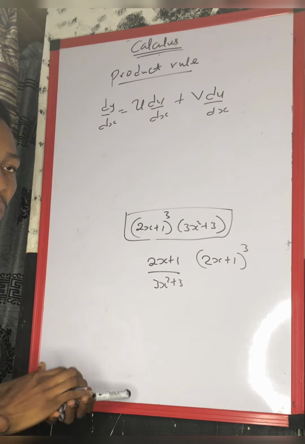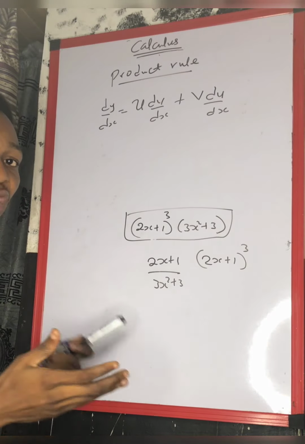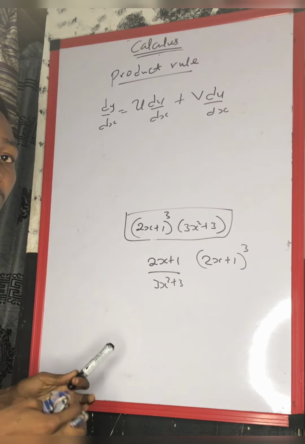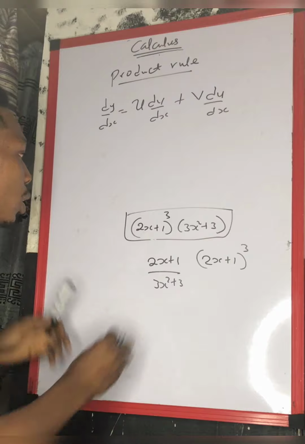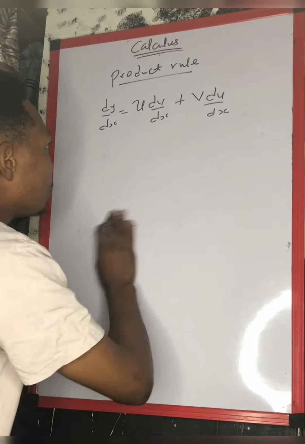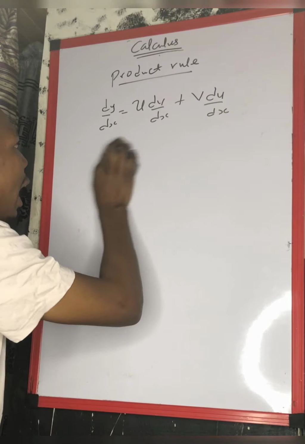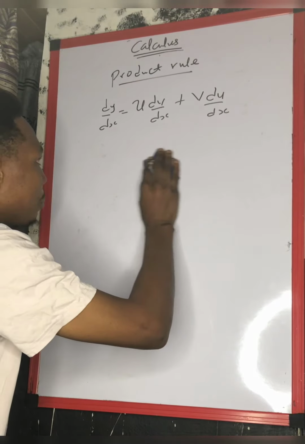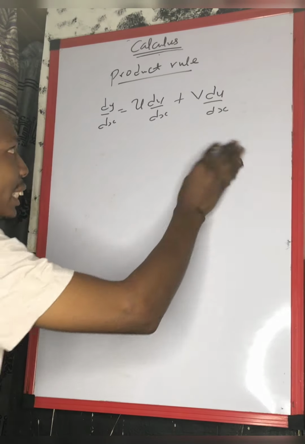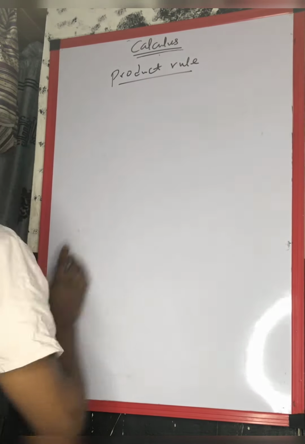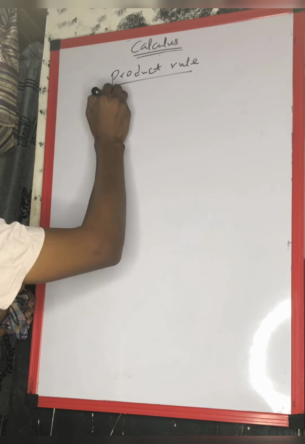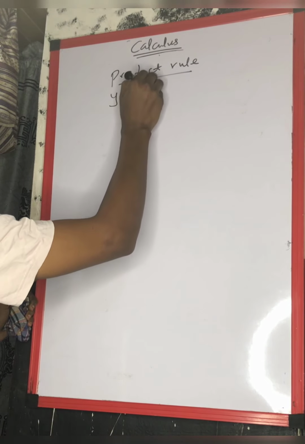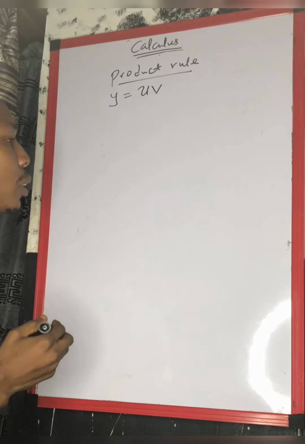All right, now first thing we are going to do, we are going to prove this formula first. Once we are done proving that, then we can take some questions on the product rule before we move down to the quotient rule. Now how do we prove this formula? Very easy. We are making use of y equals uv.